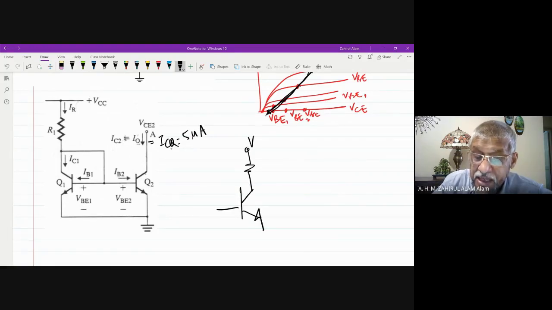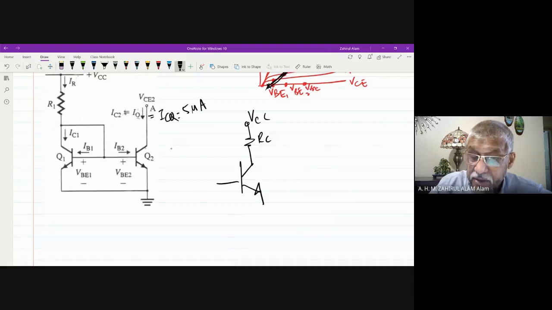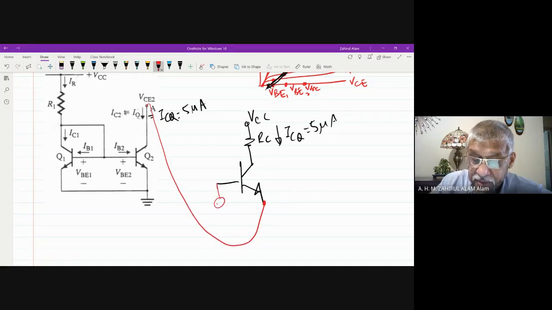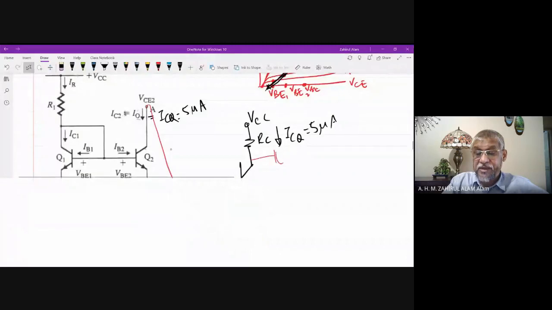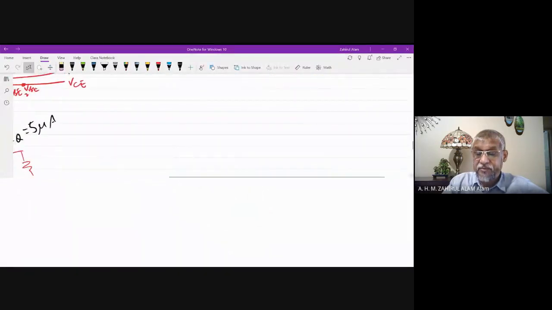So my bias current is 5 micro. I need to design ICQ equal to 5 micro. So how do we connect it? I am going to connect here, and this is our input signal, VI, and this is our load resistance.